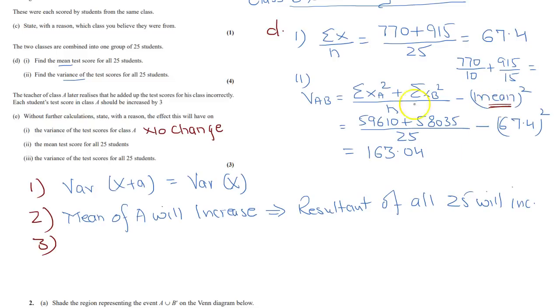So if this mean is increased, definitely it will have an effect on it. You can write that the variance of the entire group depends upon the mean. So if the mean has increased, it will affect the variance.